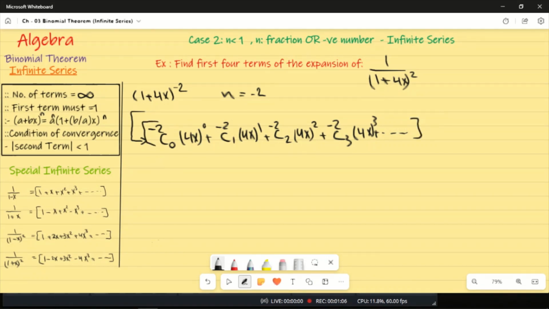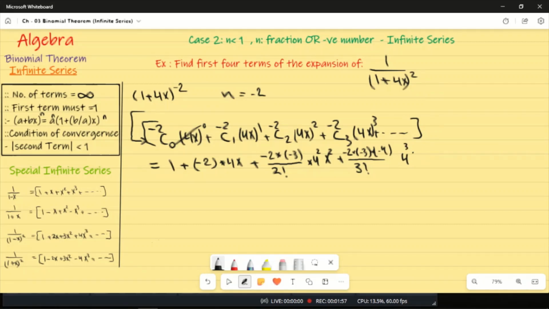Okay, so we have 1 plus negative 2 into 4x plus negative 2 into negative 3, n into n minus 1 by factorial of 2, into 4 squared x squared, plus negative 2 into negative 3 into negative 4 by factorial of 3, into 4 cubed x cubed, plus the continuation.